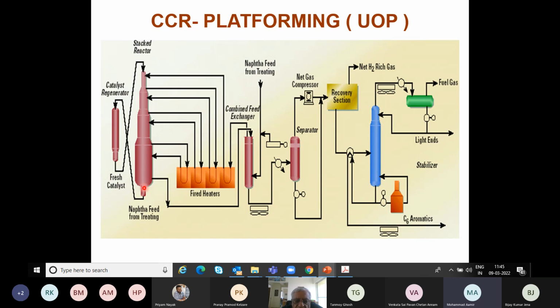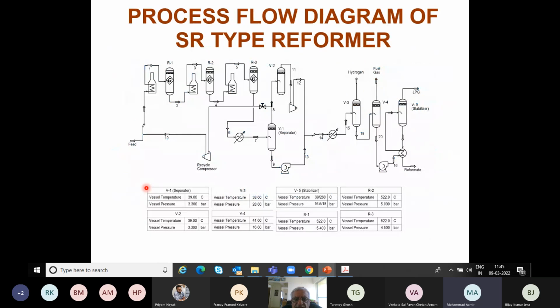Now, what happens differently compared to semi-regenerative reforming? In semi-regenerative reforming, as you can see, the catalysts were fixed here. So the catalyst just stays, the gases move, right? And after about a year, when we reach the end of run condition, we just stop the whole unit, and there are provisions in each of these reactors to put in air, but we put in diluted air.